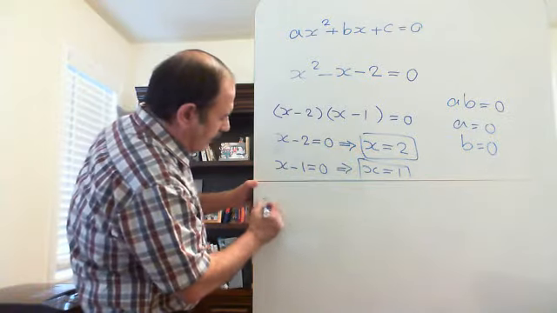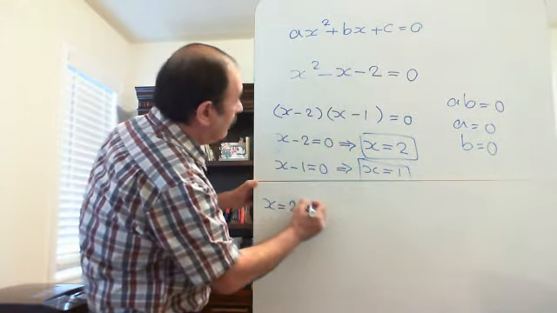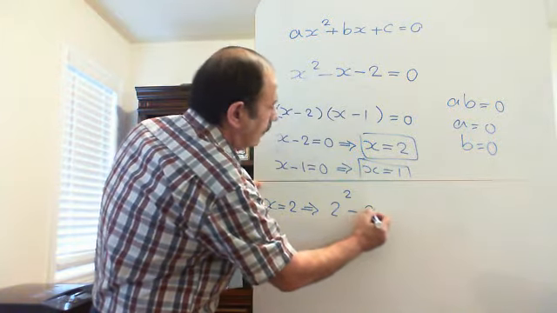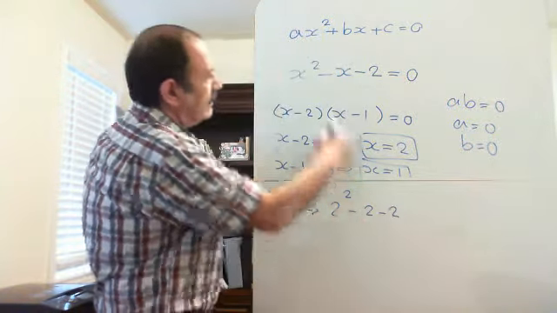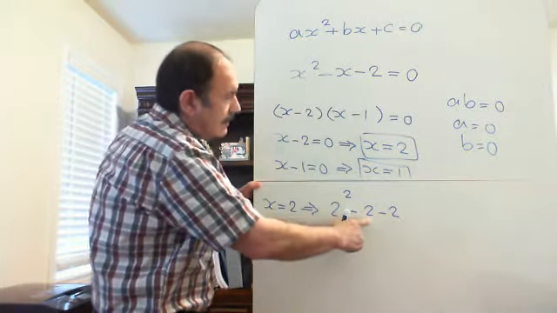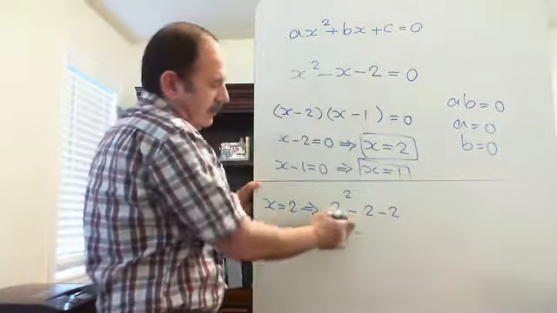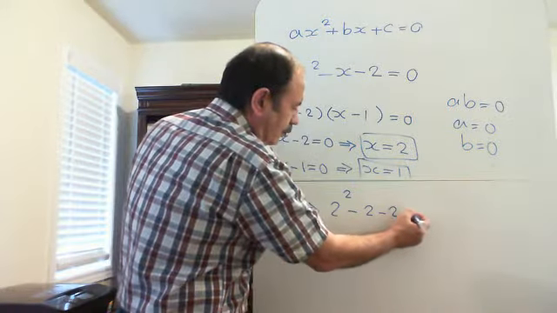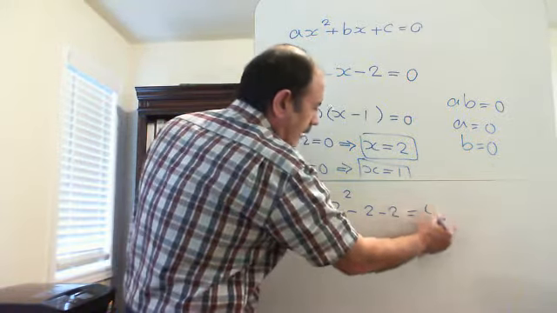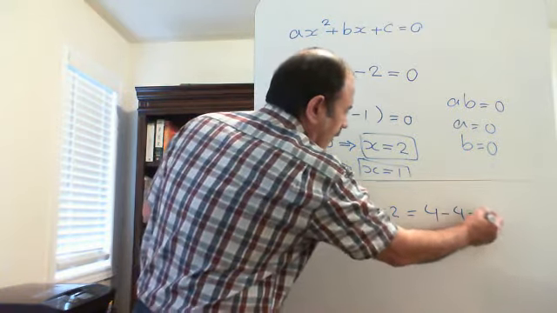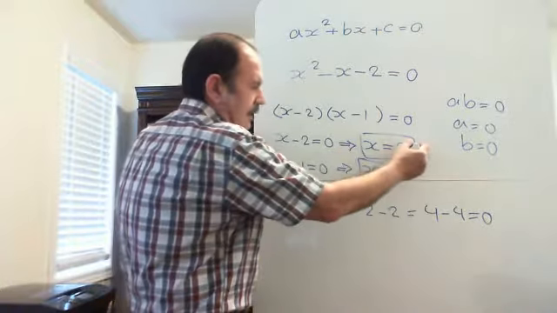For x equal 2, if I substitute in the equation, it's going to be 2 to the power of 2 minus 2 minus 2. This one is the second power of x, this one is x, and this minus 2 is the constant of the equation. Simplifying, 2 to the power of 2 is 4, and negative 2 is going to be negative 4, and 4 minus 4 is 0. Can you see? So this is the right answer.